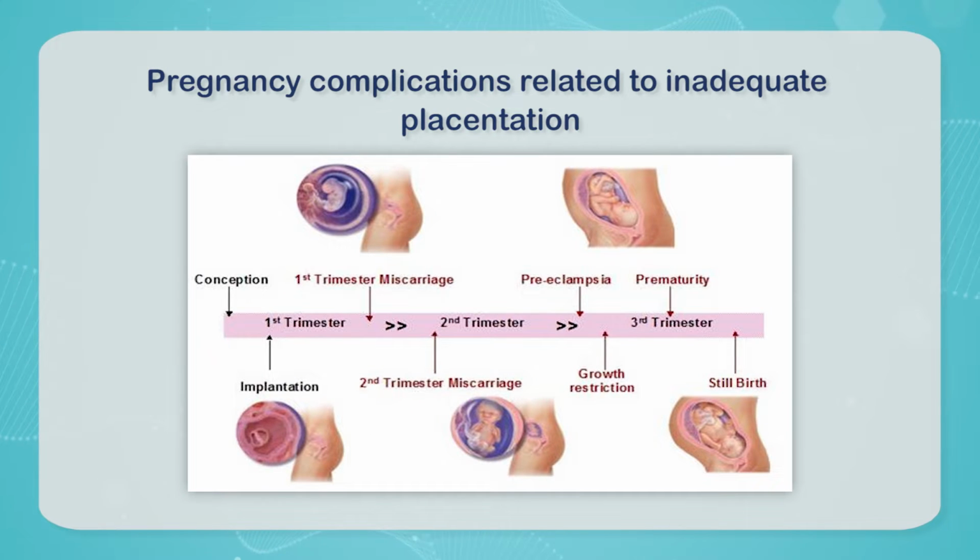Furthermore, the inadequate development of the placenta, or more specifically, the dysregulation of trophoblast proliferation and differentiation, is related to many pregnancy complications, including miscarriage, preeclampsia, intrauterine growth restriction, choriocarcinoma, etc.